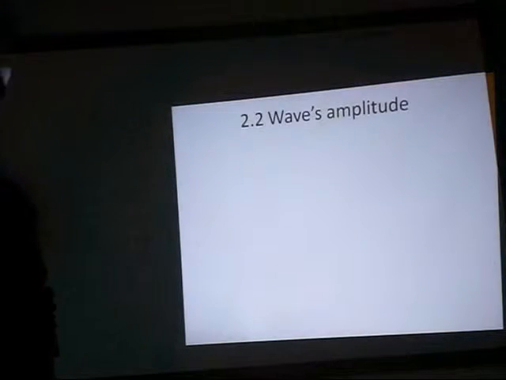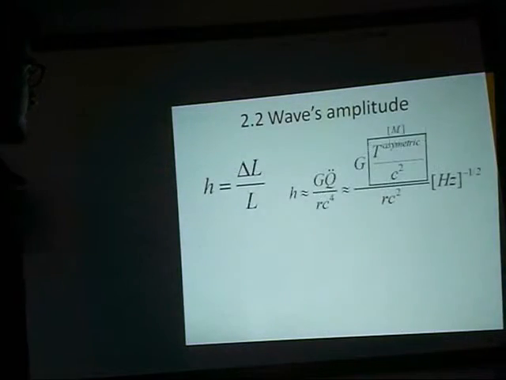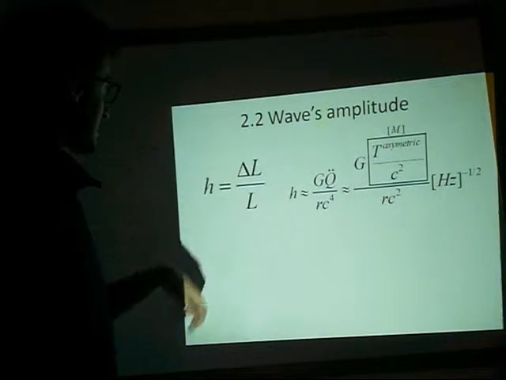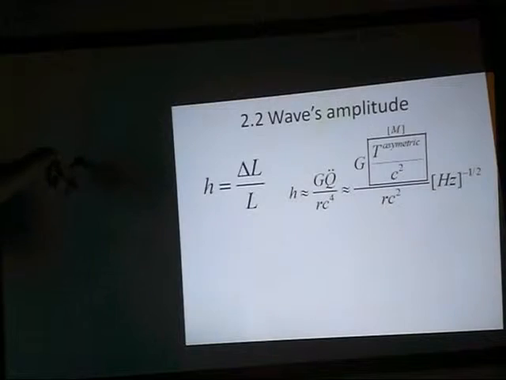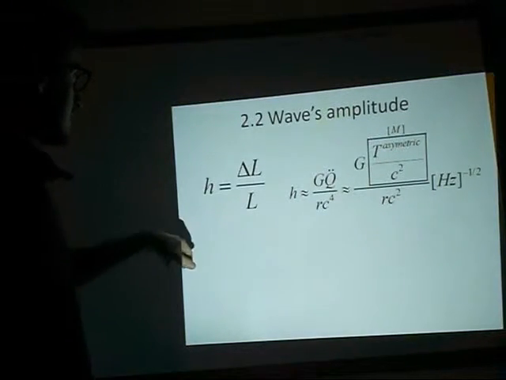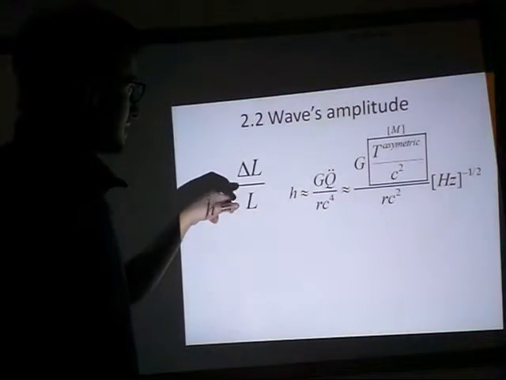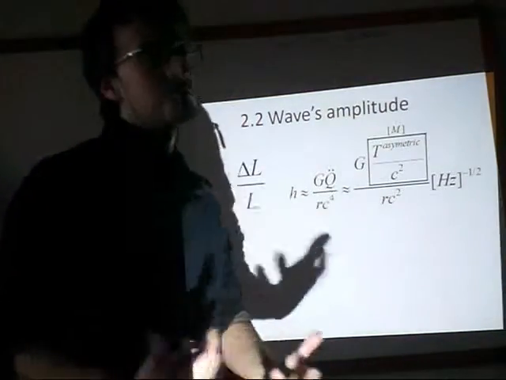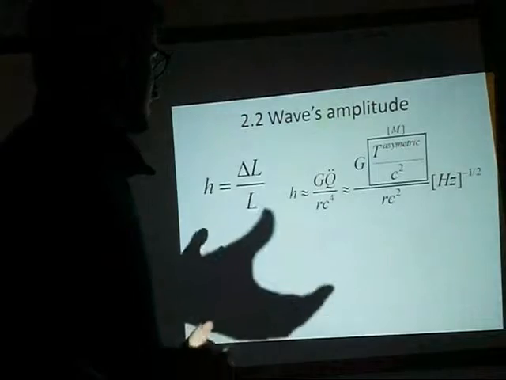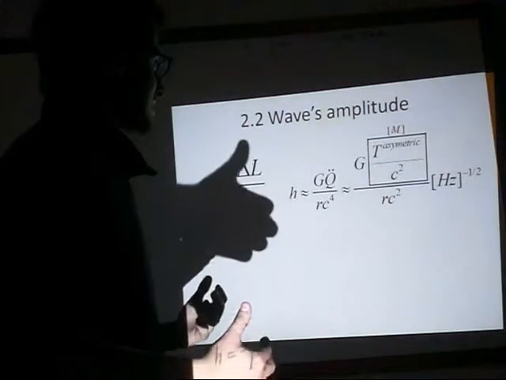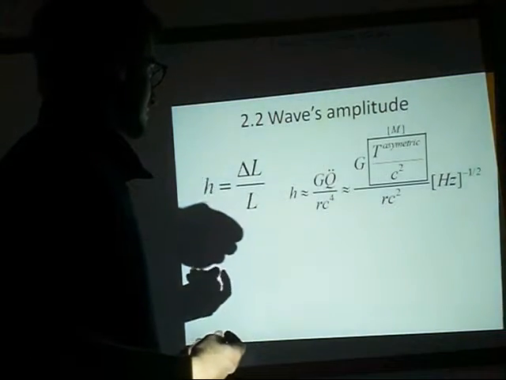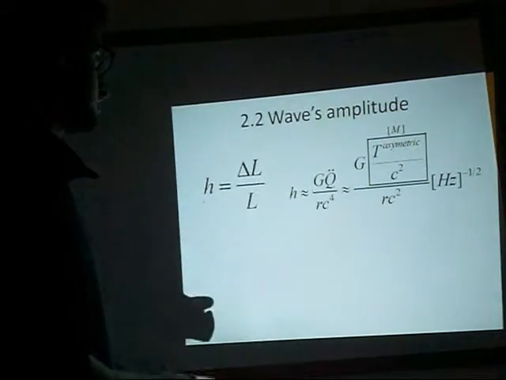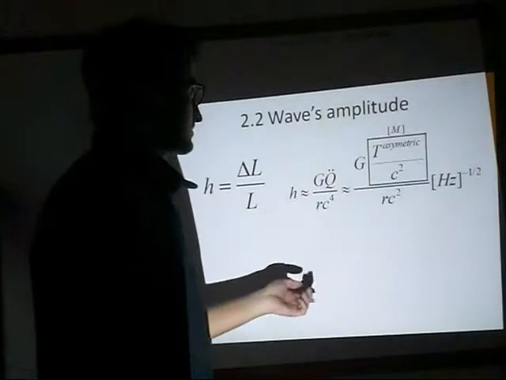And now I explain the wave's amplitude. The wave's amplitude is defined as 2 times h, where h is what I defined before. We suppose that h depends explicitly and only on the quadrature, the two time derivatives of the quadrature.